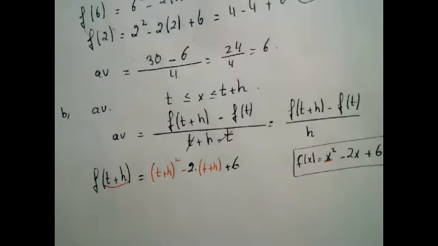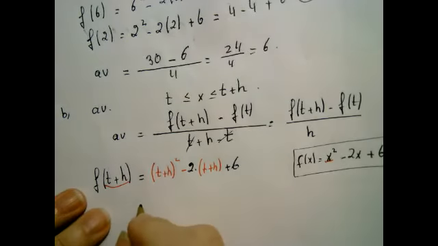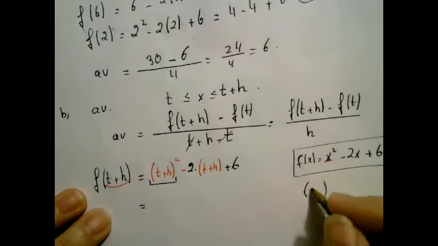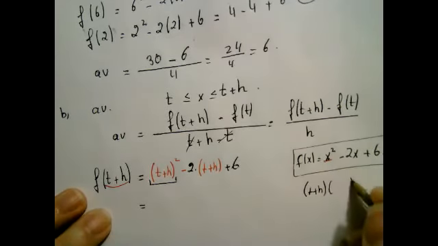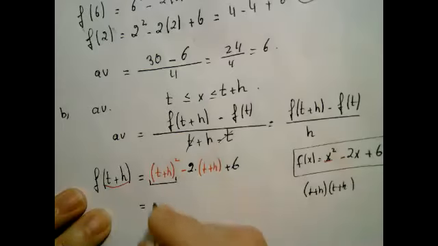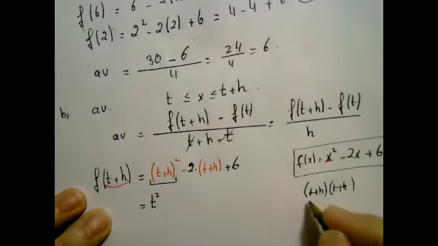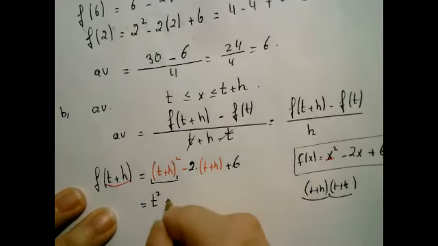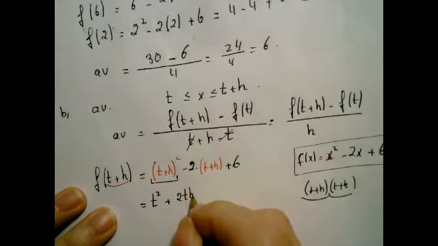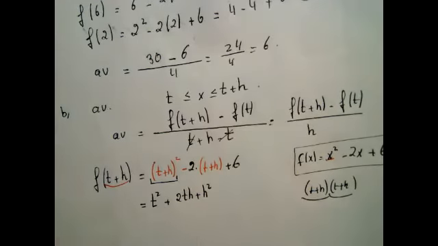Okay, now we're going to expand it and proceed. So this will give me t plus h squared. It's t plus h, you multiply it by t plus h. So you take t plus h and you multiply it by t plus h. Now if you do that, you will get t squared plus 2th plus h squared. Be careful, you don't get t squared plus h squared.